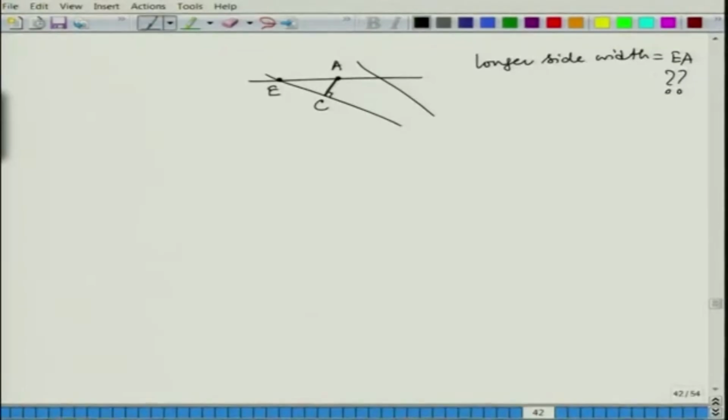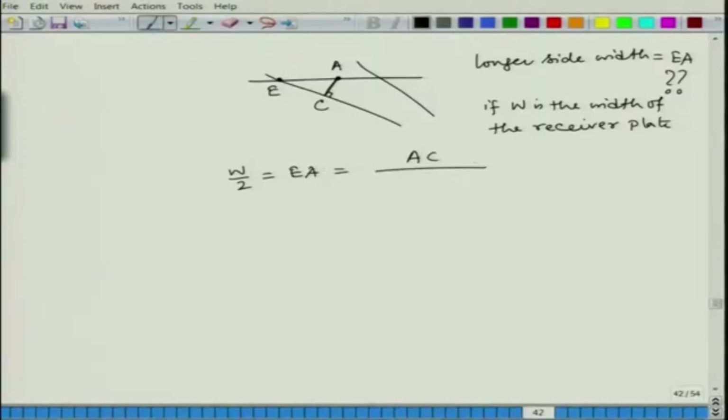Okay. And that is half width, right. So, if W is the width of the receiver plate, okay, in that case we can write W by 2, we need it to be EA, and that is AC divided by cos of this angle EAC, okay, this particular angle.